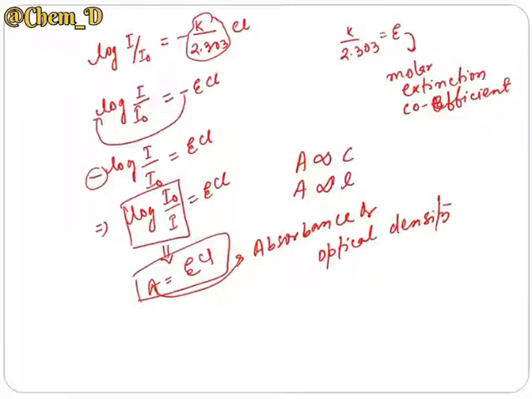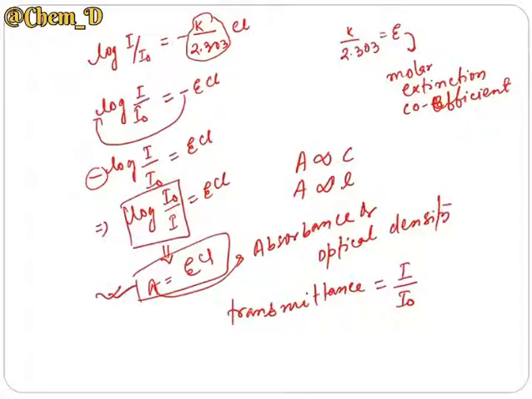Now, what is the transmittance? The transmittance is only I by I0. That means the intensity of the transmitted light divided by the intensity of the incident light, and this is called the transmittance.